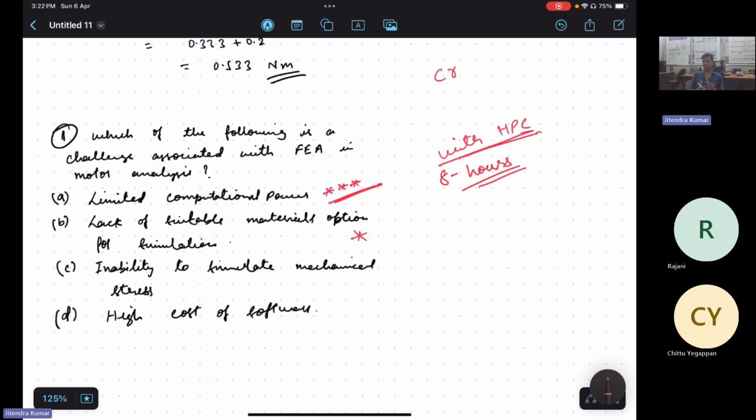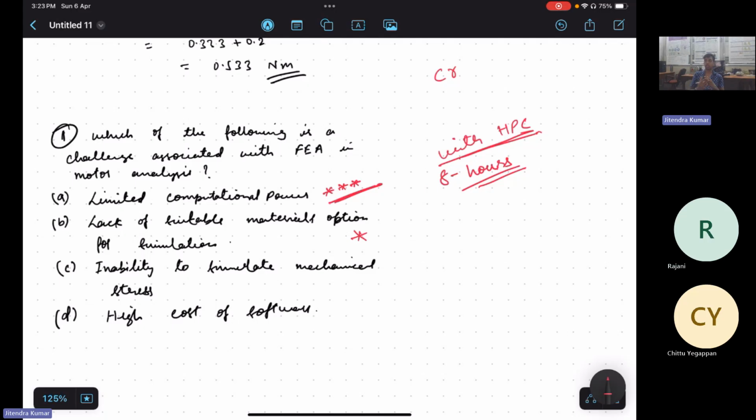But for lack of suitable material, if you do not have data for a suitable material but you have the physical material, you can experimentally achieve certain data, or you can find a similar material if it is present in the library.